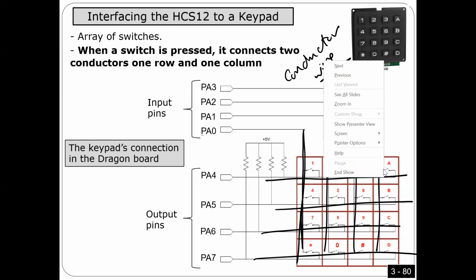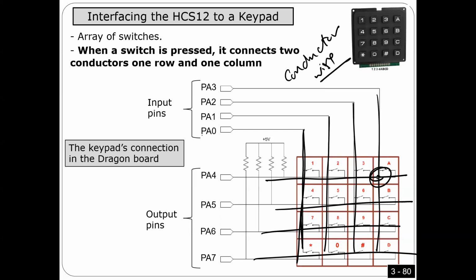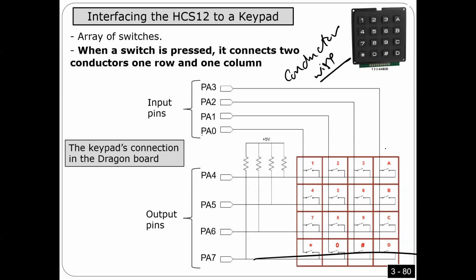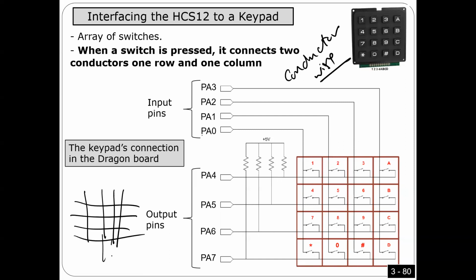But every intersection here is not electrically connected. You got what I'm saying? So we have 4 wires this way, 1, 2, 3, 4, and another 4 wires this way. Number one, every intersection is not connected electrically.